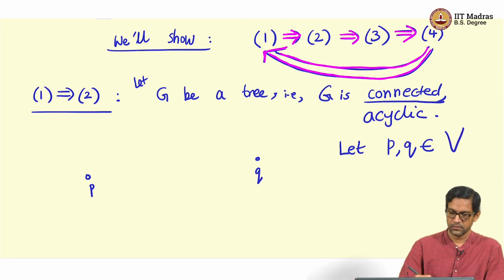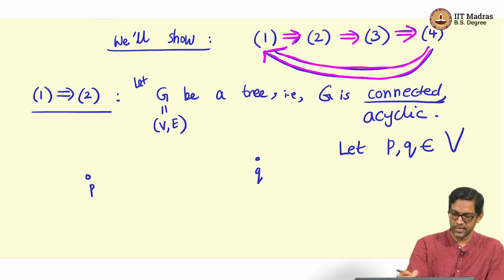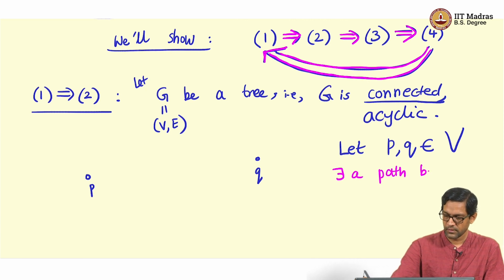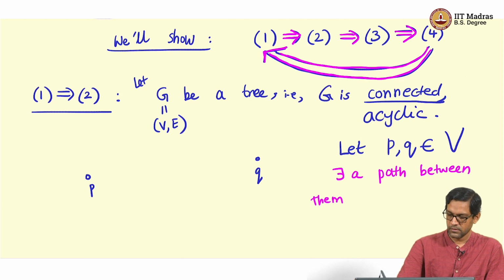Let's call the vertex set V, edge set E as usual. Given two vertices P and Q, what we know is that there exists a path between them. So there exists a path for sure, and this follows because G is connected.